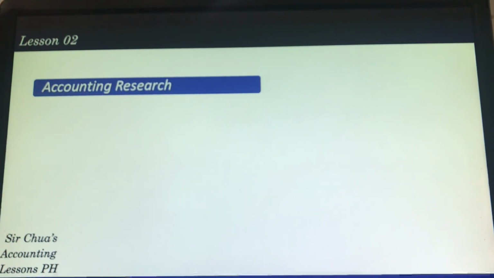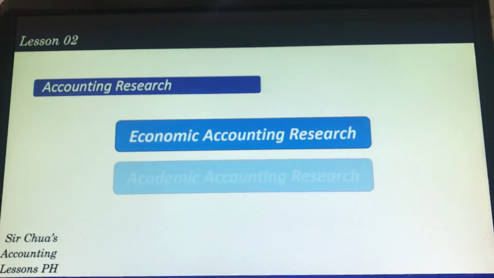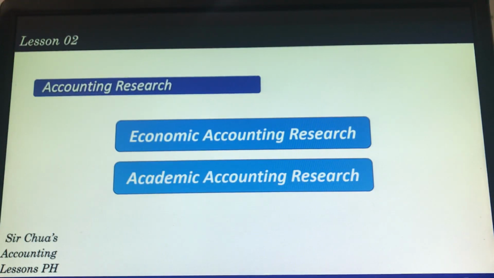Okay, so we have two kinds of accounting research. We have economic accounting research and academic accounting research. Pag sinabing economic accounting research, what are the new transactions in the marketplace? What are the new transactions in the business world that we need to take into account na baka wala pang accounting standard na applicable for that specific transaction?